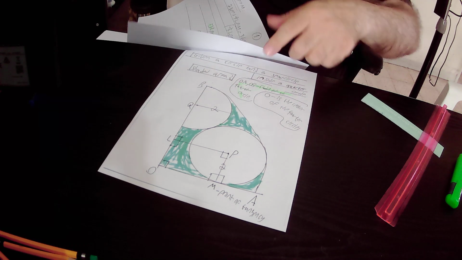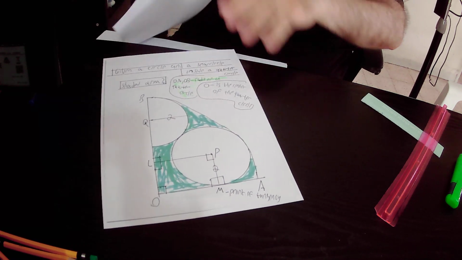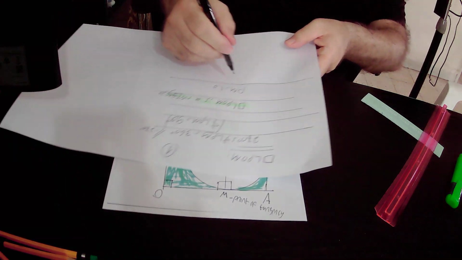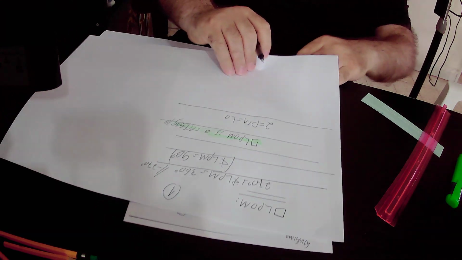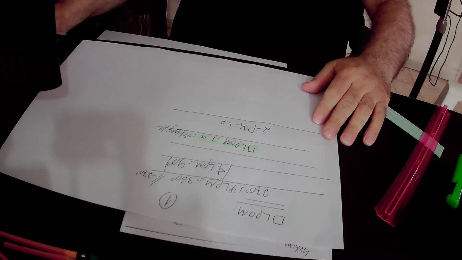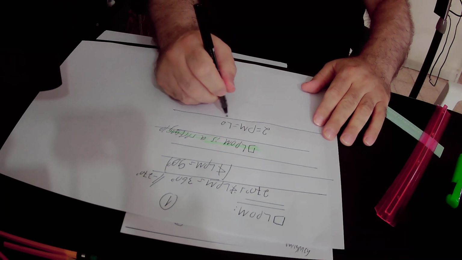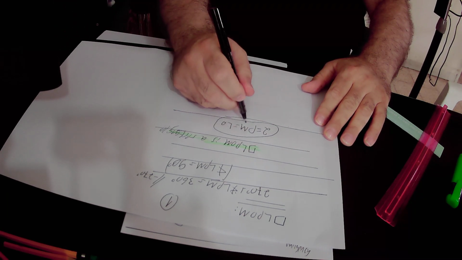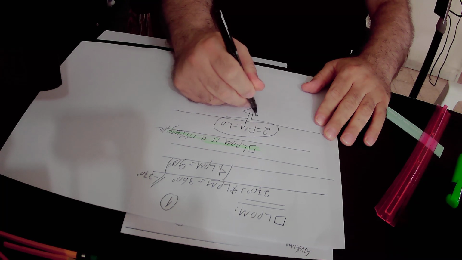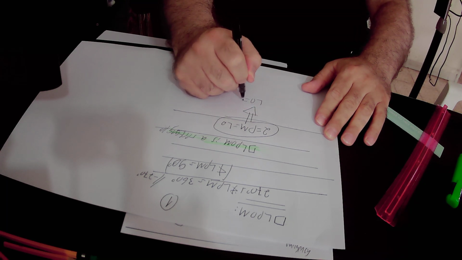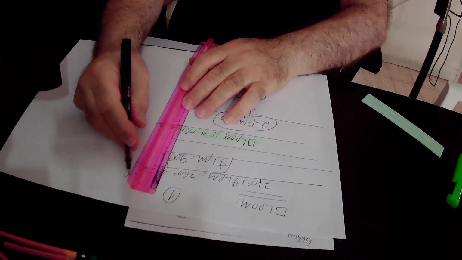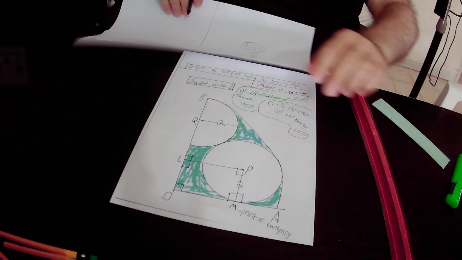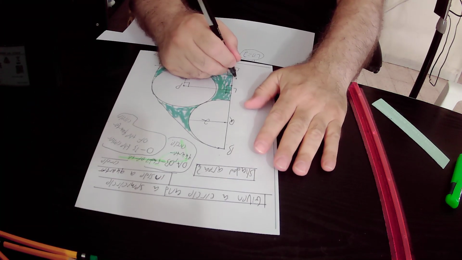But we know that PM equals 2 units, which is the radius of the circle. PM equals 2 units, and from this equation 2 equals PM equals LO, we will conclude that LO is also equal to 2 units. So we can write here that LO equals 2 units.